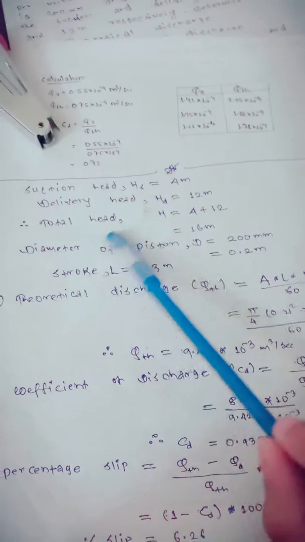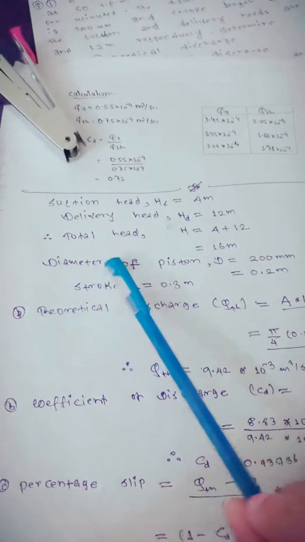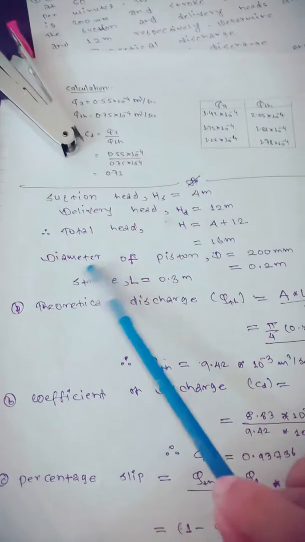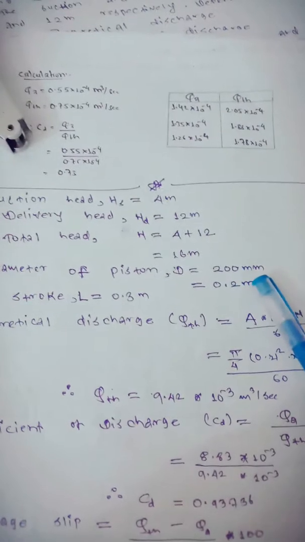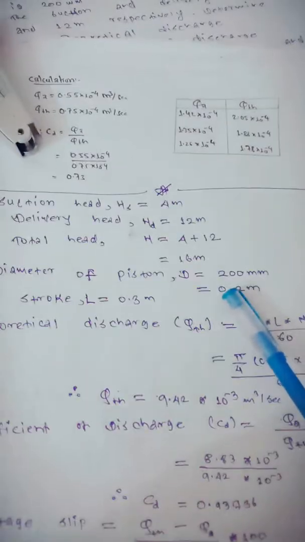After knowing this, we find the diameter of the piston, which is given as 200 millimeter. Converted into meter, it becomes 0.2 meter.